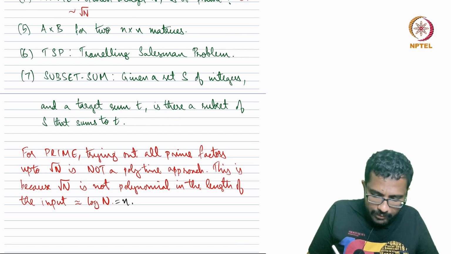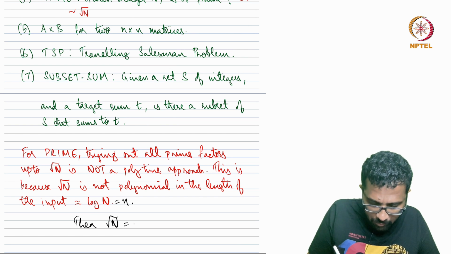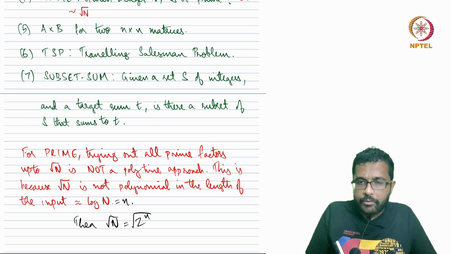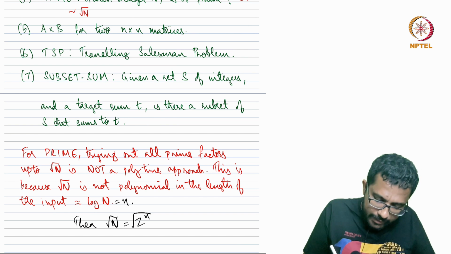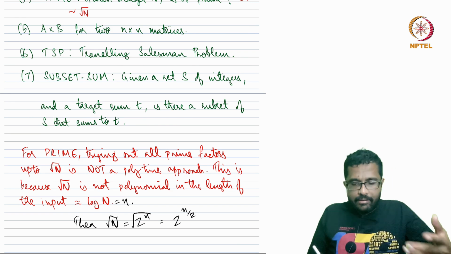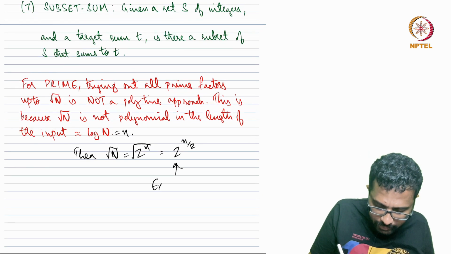Then square root n is like square root of 2 power n, which is like 2 power n by 2, which is exponential in n.